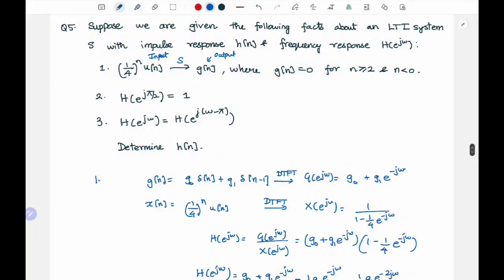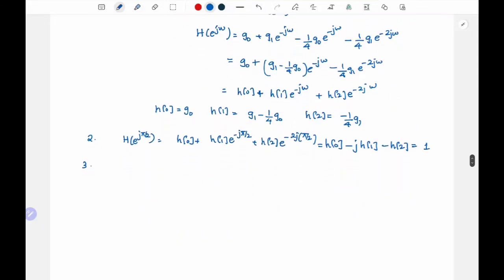And the third condition: my H of e^{j omega} is equal to H of e^{j(omega minus pi)}.